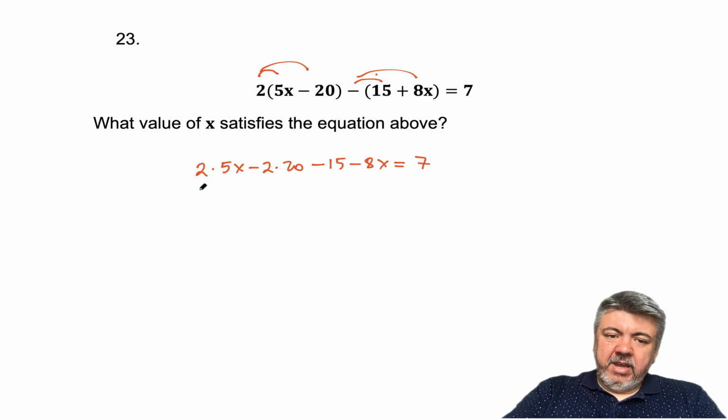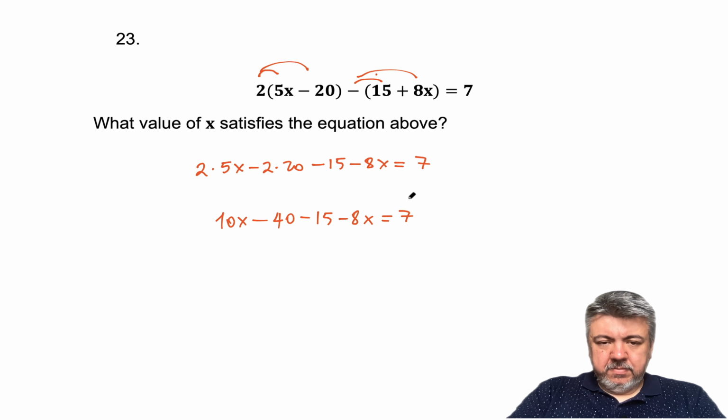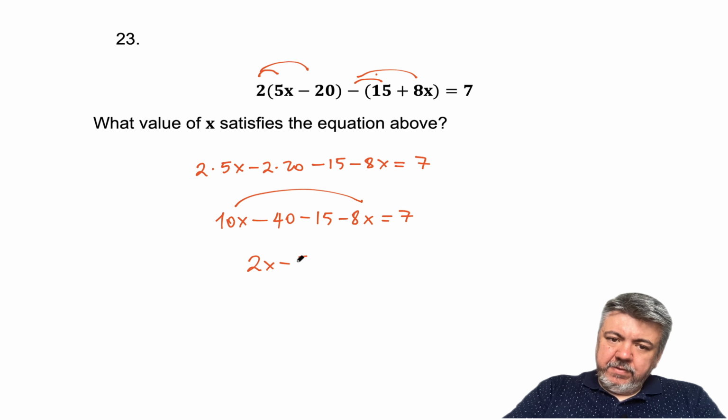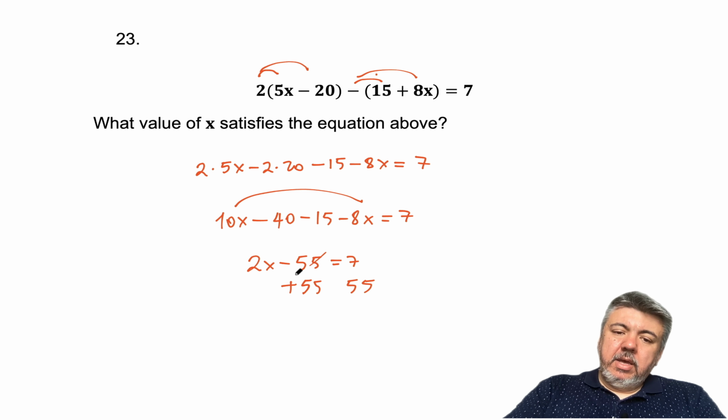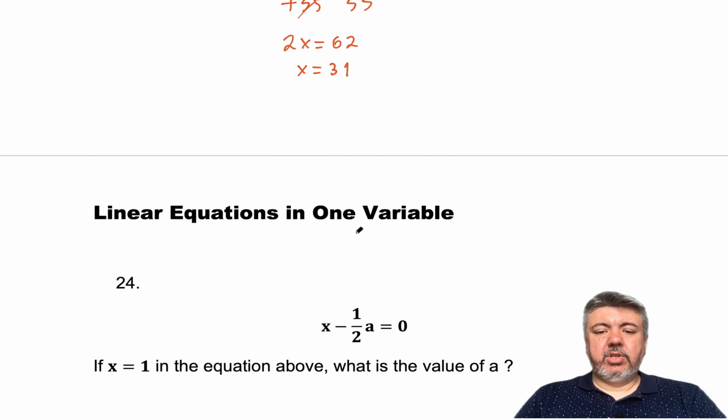Okay, let's see what we have here. 10x minus 40 minus 15 minus 8x equals 7. Oops, these are 2x minus 55 equals 7. Add 55 to both sides. Yep. It's 2x equals 62 and x equals 31. Yes. Next question.